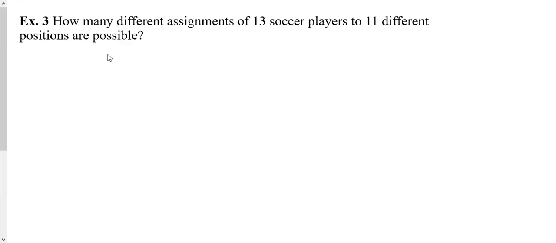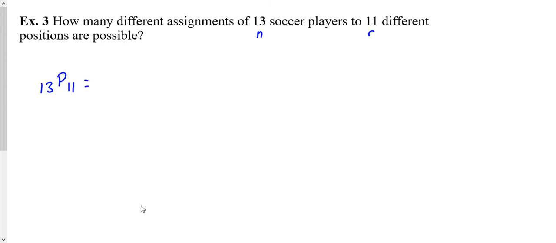In example 3, we have: how many different assignments of 13 soccer players to 11 different positions are possible? So here, what's our total? Our total is 13, so that's going to be the letter n. And our r, we're only looking at 11 of them at a time. So if I set up an equation, it is going to be 13 perm 11.